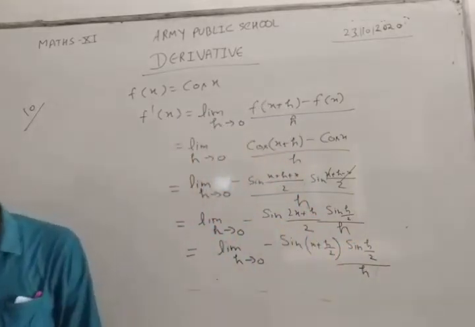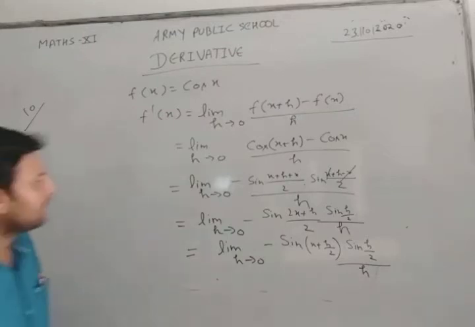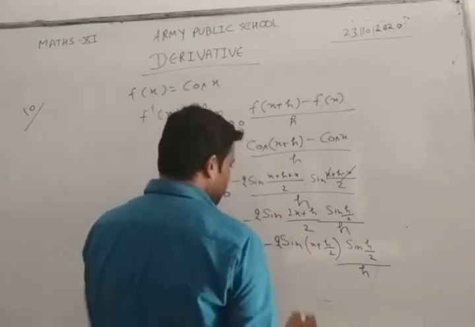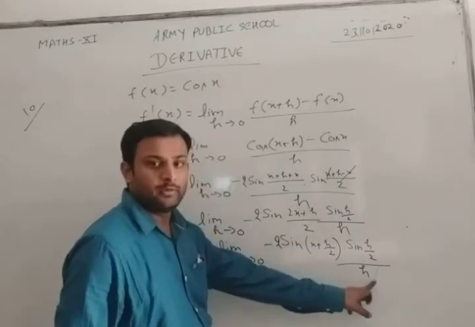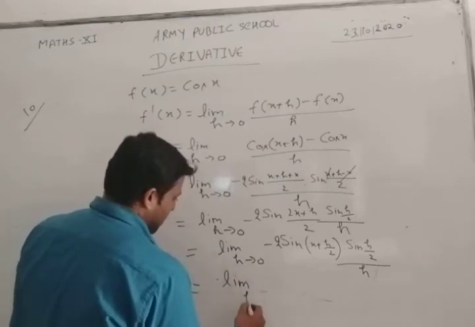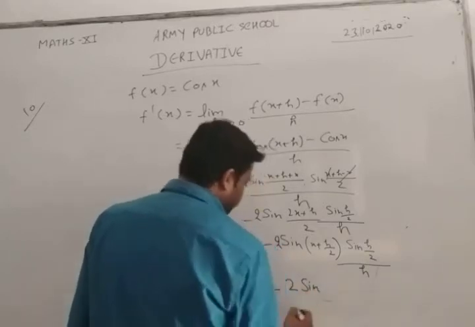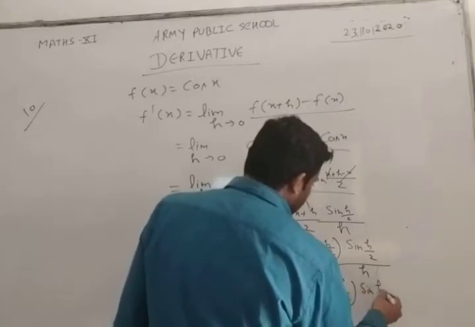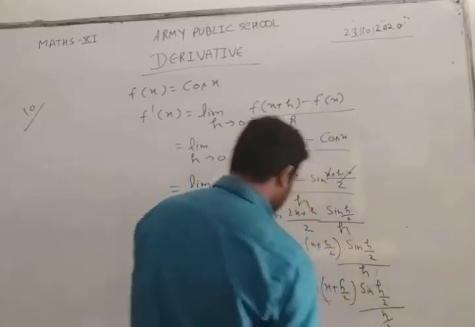There will be a 2 from the formula. So this 2 we take and write in the denominator of h. So we make the formula limit h tends to 0, minus 2 sin (x+h)/2 sin h/2 divided by h/2.